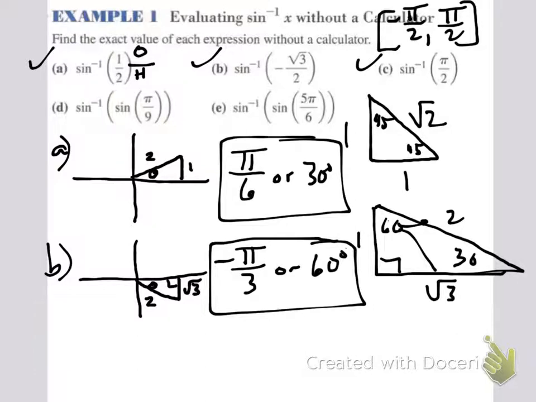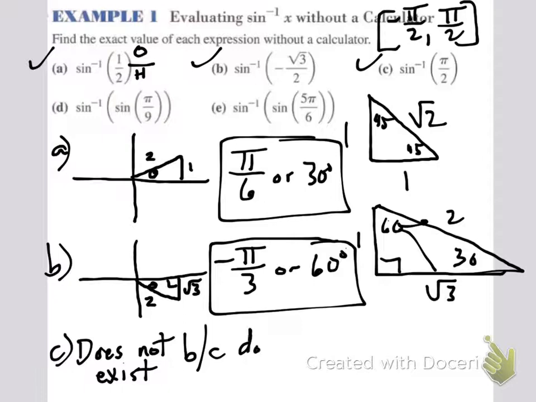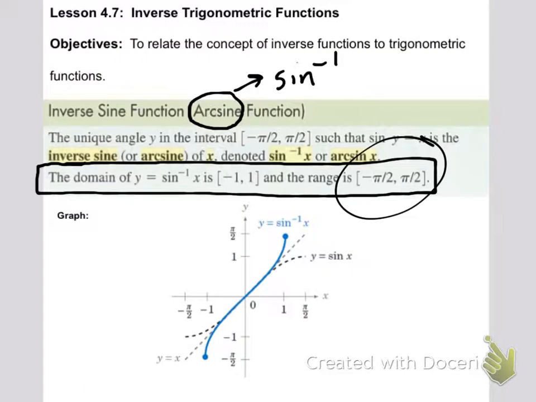Now, for part C, the inverse sine of pi over 2. First of all, we've never found the sine of an angle and said the sine of however many degrees is pi over 2. We've never done that. This does not exist because our domain is from -1 to 1, that's what we talked about here.